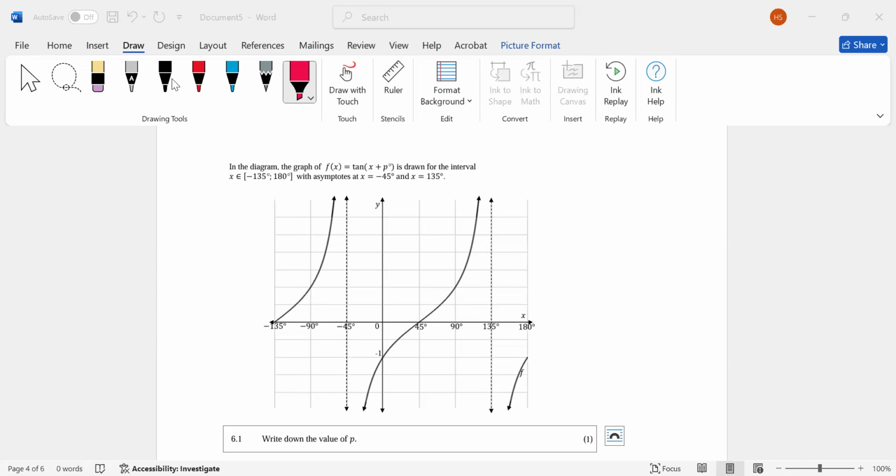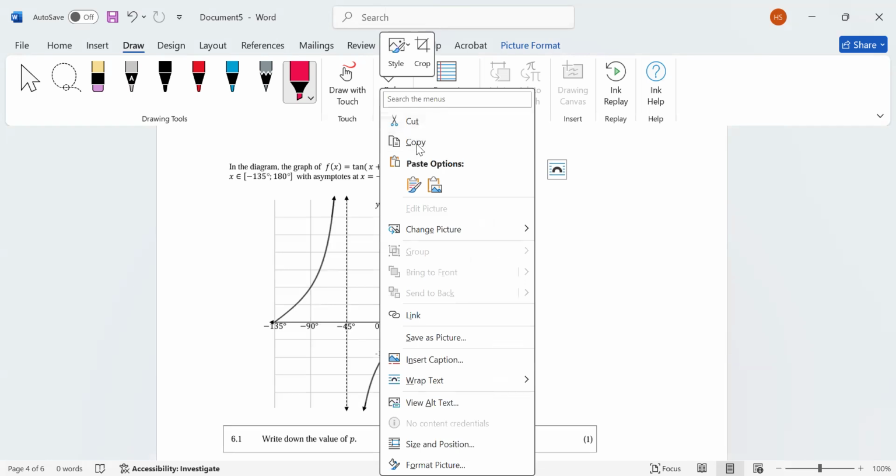Yes. So here we're given in the diagram the graph of f(x) = tan(x + p degrees), drawn for the interval x from negative 135 to 180 included, with asymptotes at x = negative 45 degrees and x = 135 degrees.